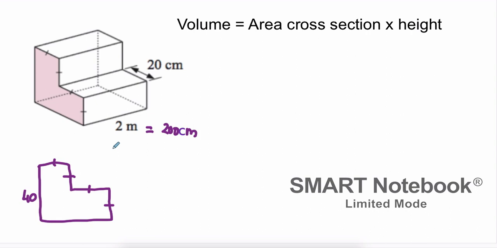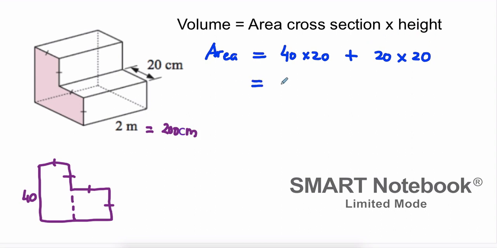So let's first find the area of the cross-section. We can split this L shape into two shapes. This one is a square and the other one is a rectangle. So then we have the area of the rectangle, which is 40 times 20, and the area of the square, which is 20 times 20. So we have 800 plus 400, which is 1,200.